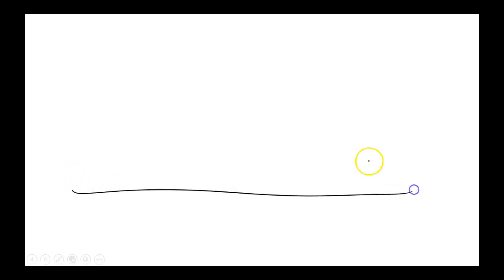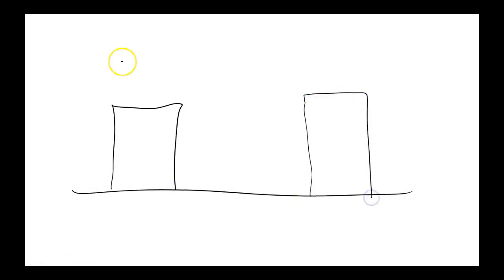I can't draw this very well, but here's a crate, here's a crate. Okay? This guy here is pushing like crazy on the crate, but it's not moving it. How much work is he doing? Zero. Even though he's pushing and grunting and everything else, doing no work.